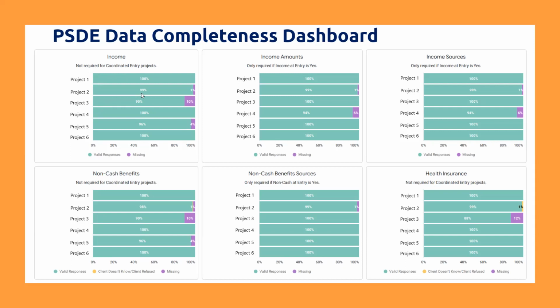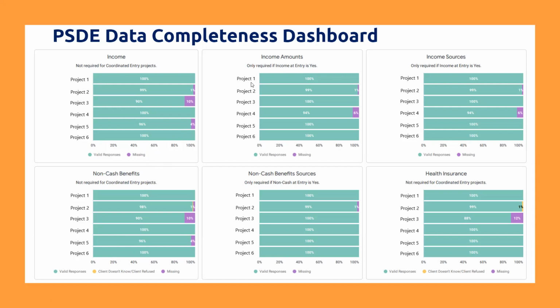And then you will see if the data entered is a valid response, meaning that it is filled and is not don't know, refused, or data not collected. If it's missing, it is either data not collected or blank data, or you can also see client doesn't know or client refused responses. And so the purpose of the dashboard is to help you review your data and find those responses that are not considered valid and potentially make updates wherever possible.